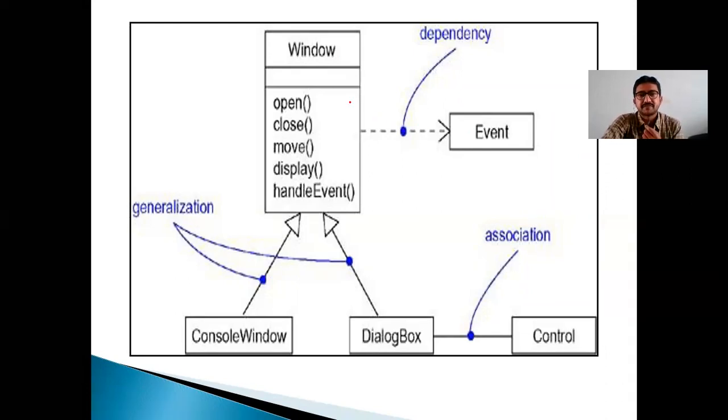The meaning here is that the window class depends on the event class. That's why the directed arrow points towards event, because the dashed directed line is towards event. So window is depending on the event class.